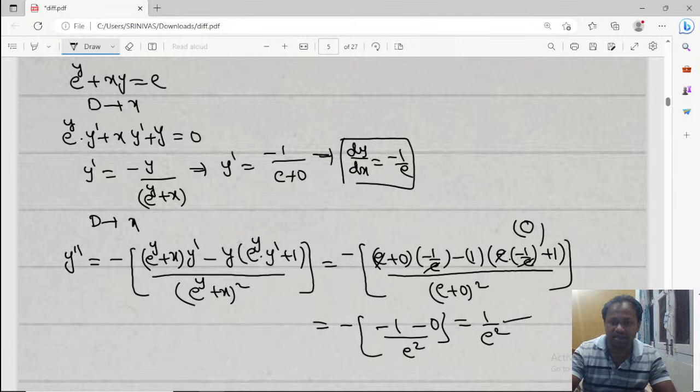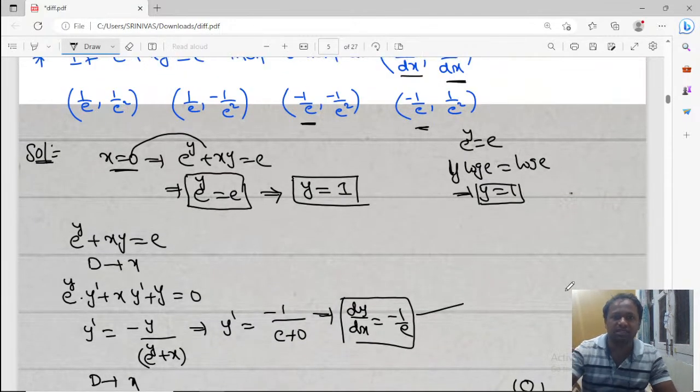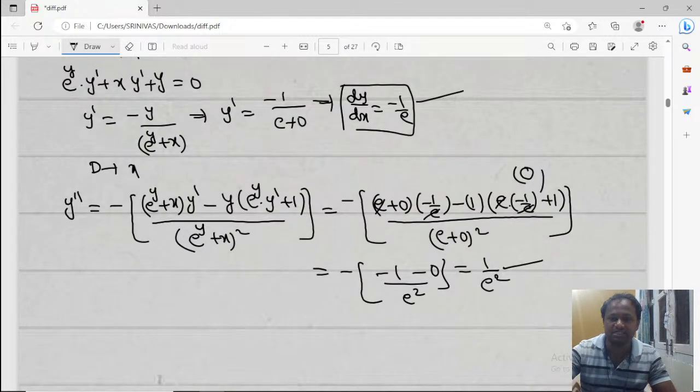So its value is 1 by e square, its value 1 by e. So the answer is the third one. Not the third one, the fourth one. 1 by e minus 1 by, that is minus in minus plus 1 by e square. Okay, so this is the method to find dy by dx and d square y by dx square.